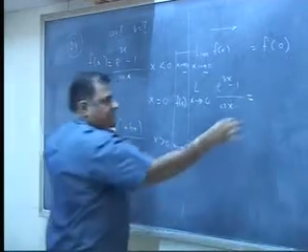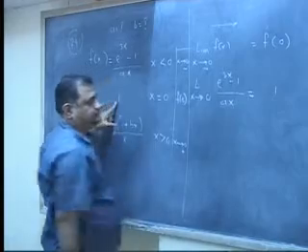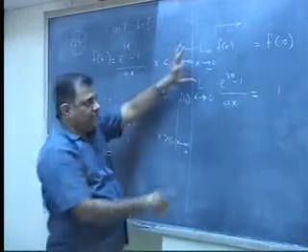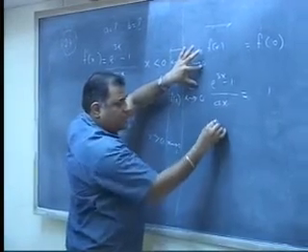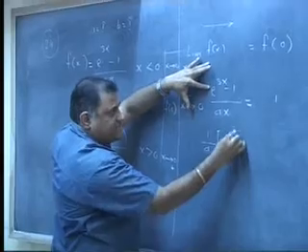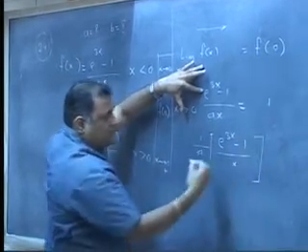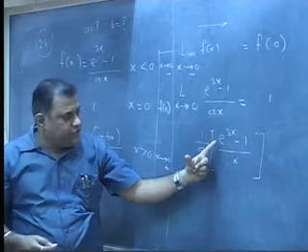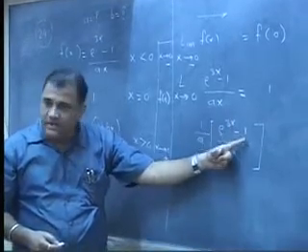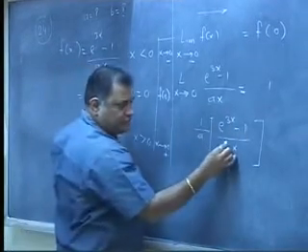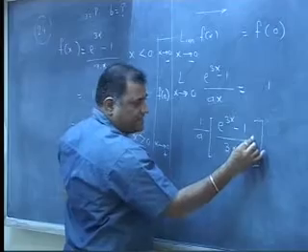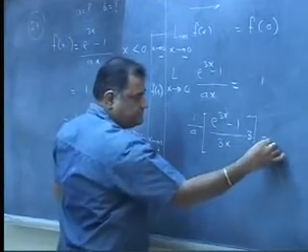f of 0 is being given as 1. Right? Now let me take 1 upon a outside. So what remains here? (e raised to 3x minus 1) upon x. I want to reduce the problem to the form (a raised to x minus 1) upon x, so I have to do the provision of 3: divide by 3 and multiply by 3.